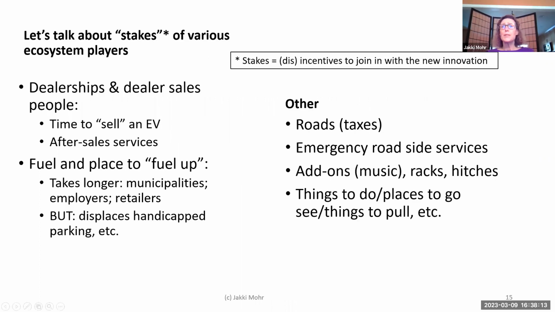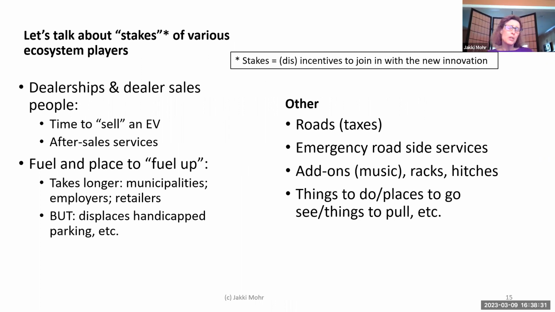So let's talk about the stakes that different ecosystem players have with respect to electric vehicles. From the dealership and dealer sales perspective, what we see is that there's a disincentive in terms of the incremental time that it takes to sell an electric vehicle to a customer.